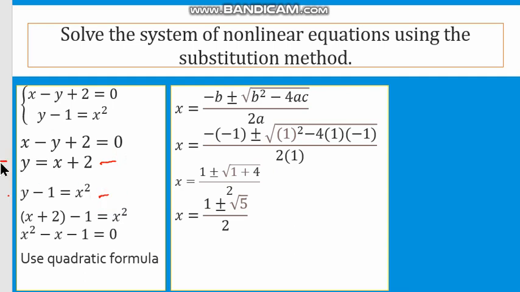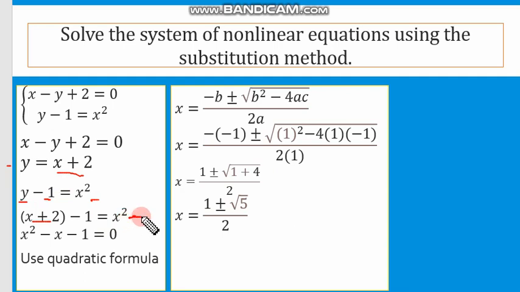According to our first equation, y is equal to x plus 2, so we will substitute the value of y by x plus 2 in our second equation. So y minus 1 is equal to x squared becomes x plus 2 minus 1 is equal to x squared.